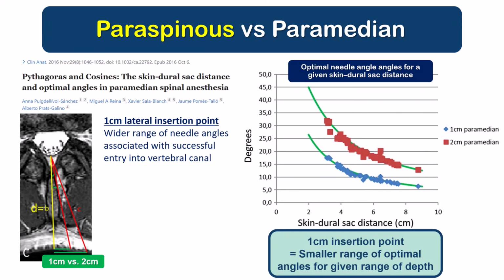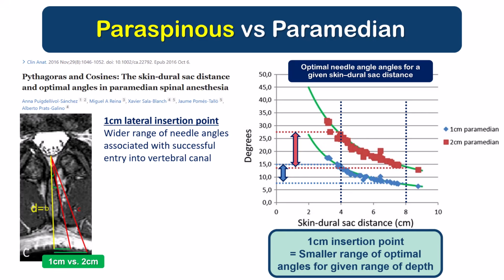And in addition, the variation in optimal angle with increasing depth was also less if you used the 1 centimeter insertion point. As this graph shows, over the commonly observed spinal and epidural needle depths of 4 to 8 centimeters in most adults, you see that the optimal angle for a 2 centimeter lateral insertion point spans a much larger range than the 1 centimeter lateral insertion point.